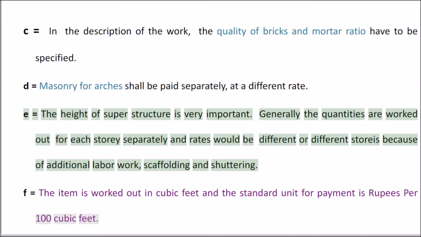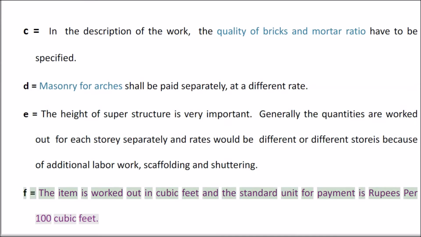Generally the quantities are worked out for each story separately and rates would be different for different stories because of additional labor work, scaffolding, and shuttering. F, the item is worked out in cubic feet and the standard unit for payment is rupees per 100 cubic feet.